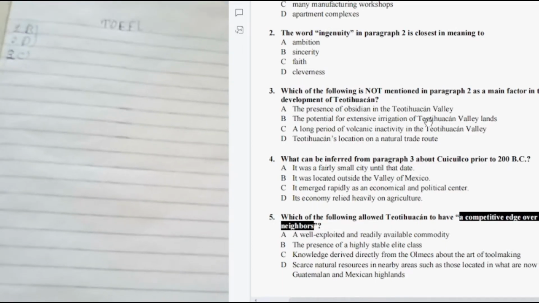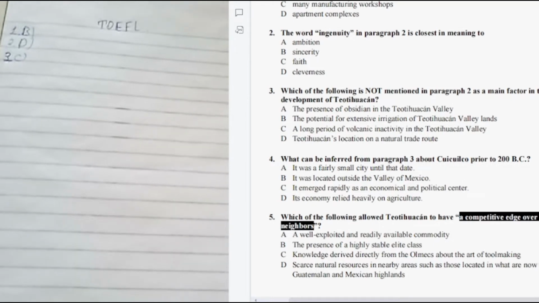Okay, the next question. What can be inferred from paragraph 3 about Teotihuacan prior to 200 BC?